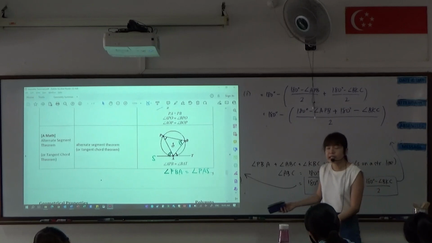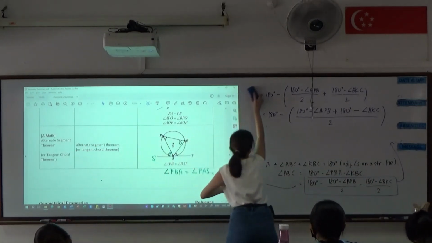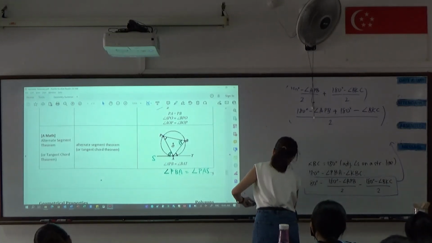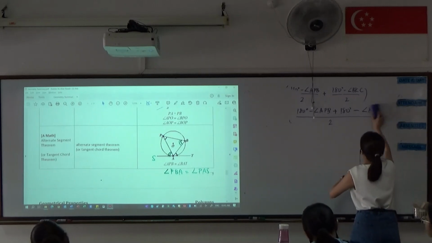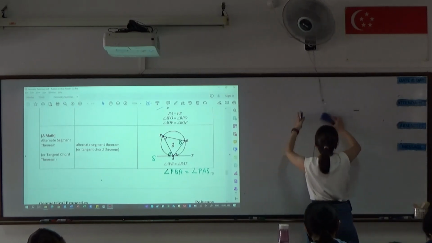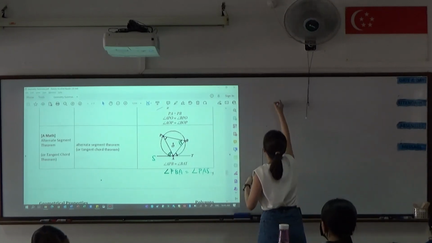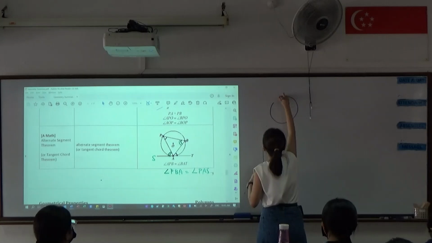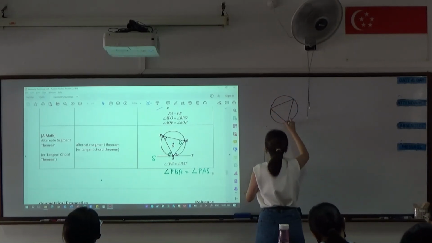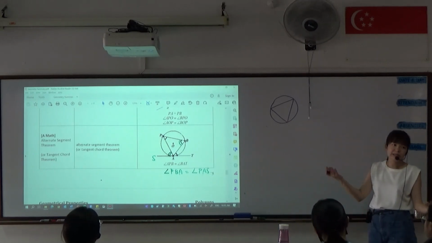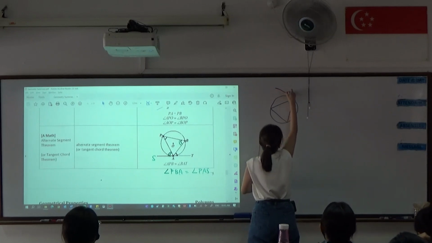Of course, a tangent need not always be a horizontal line, just to provide us with different orientations. So don't be fixated on seeing things in one manner only. Even if my circle is this way, having a triangle like this, the center placement doesn't matter actually, so long as you have a triangle. And let's say I have a tangent here.